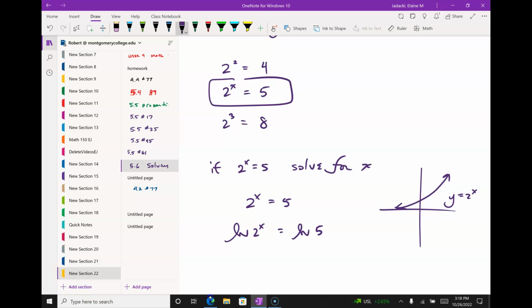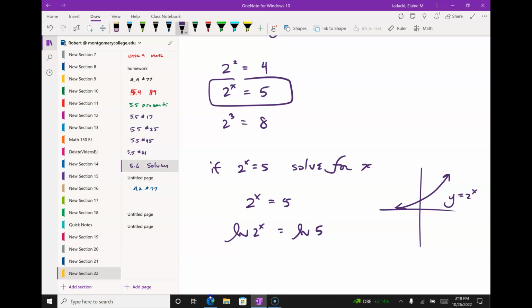Where's the variable? It's the exponent, right? That's exponential. What other properties? We just learned about this. It's a 1-to-1 function.